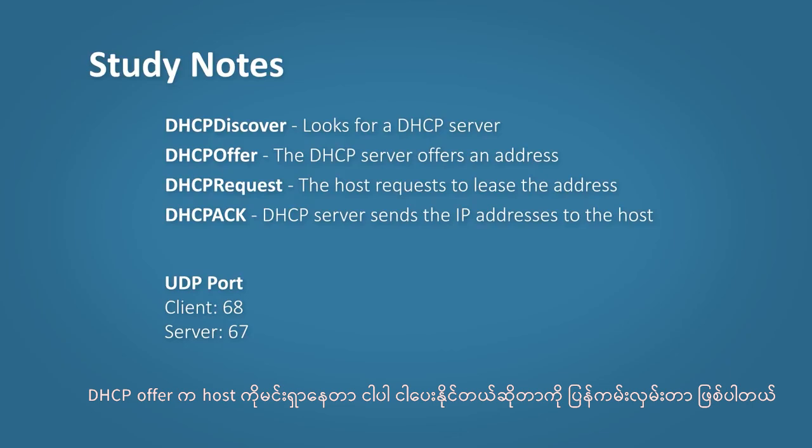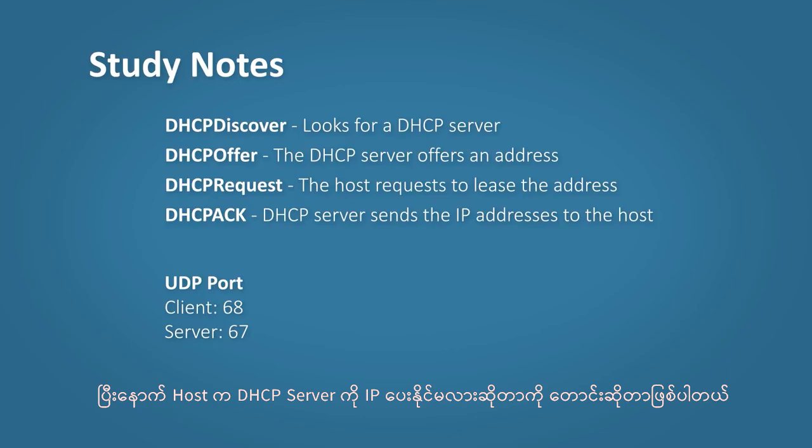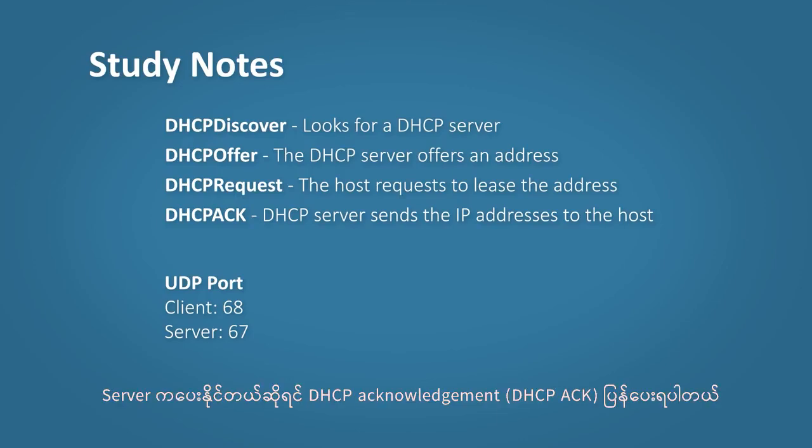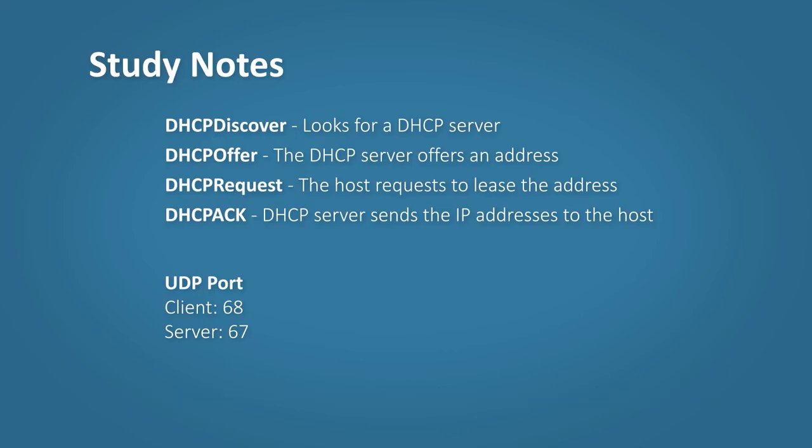The DHCP server offers an address to the host. DHCP Request. The host requests to lease that address. DHCP Acknowledgement. The DHCP server sends the IP address to the host. DHCP uses UDP ports. The client will use port 68 and the server will use port 67.